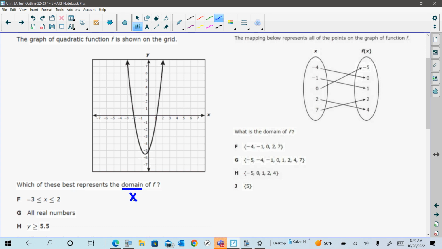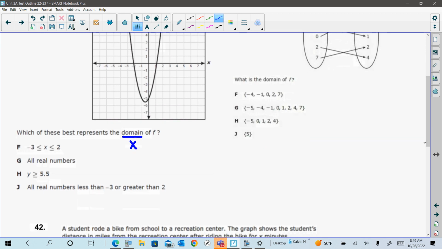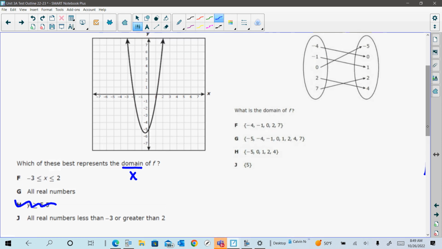If you know your vocabulary and you know domain represents X, then we should never be picking something that says a Y. That needs to be eliminated. Y or f of X should not be picked. So that means we should be focusing on the x-axis.